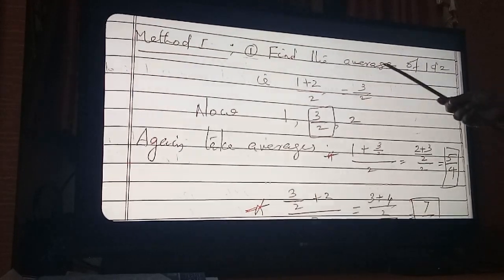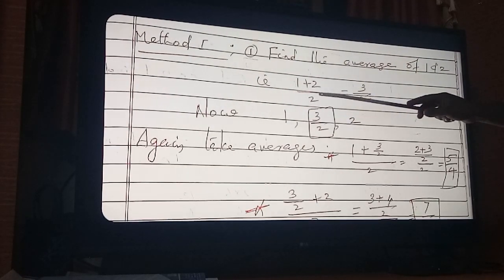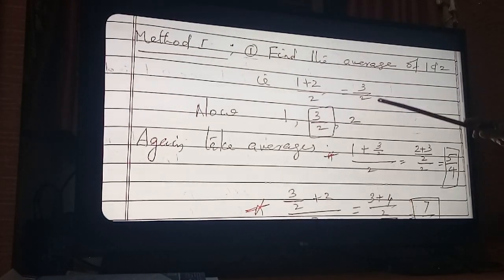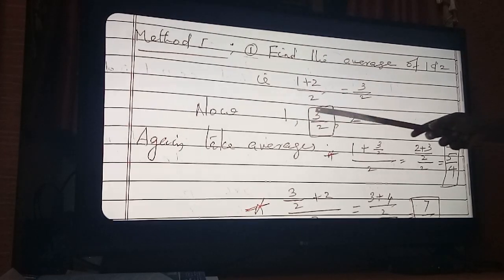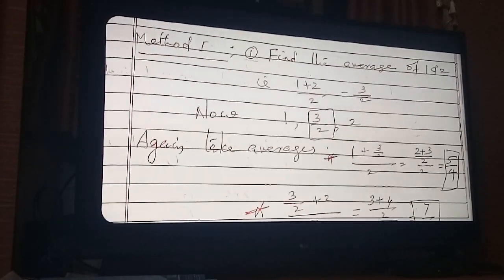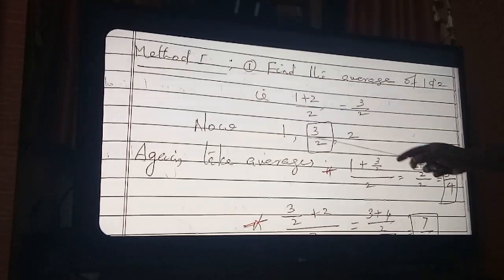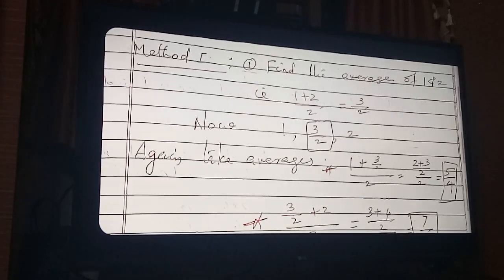In the same way, the average of 1 and 2 is 1 plus 2 by 2, which is equal to 3 by 2. Therefore, 3 by 2 lies between 1 and 2. The value of 3 by 2 is 1.5.